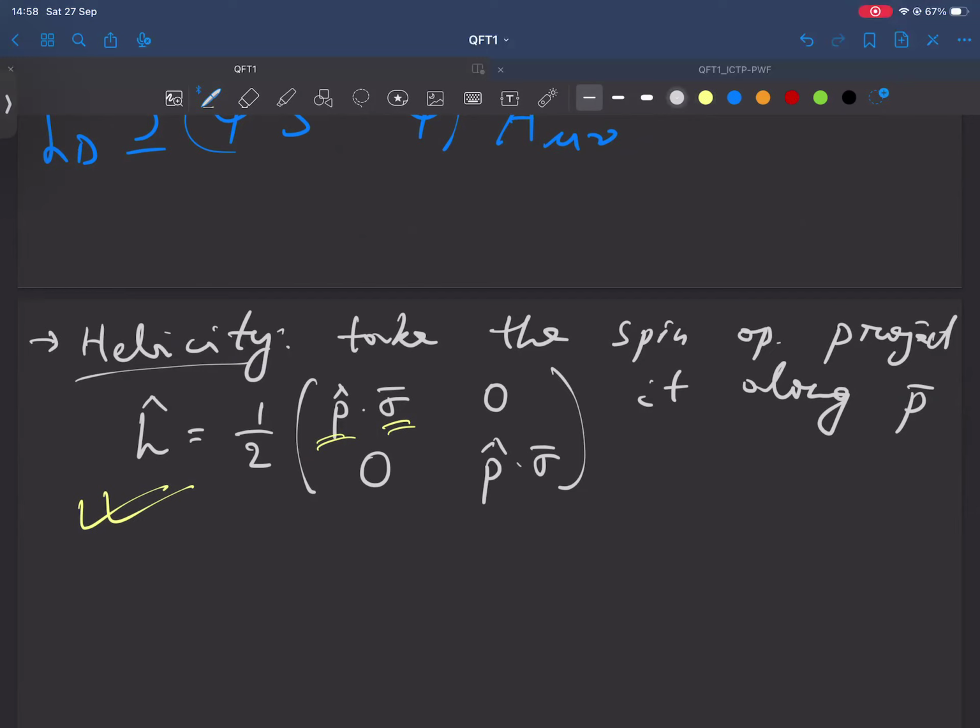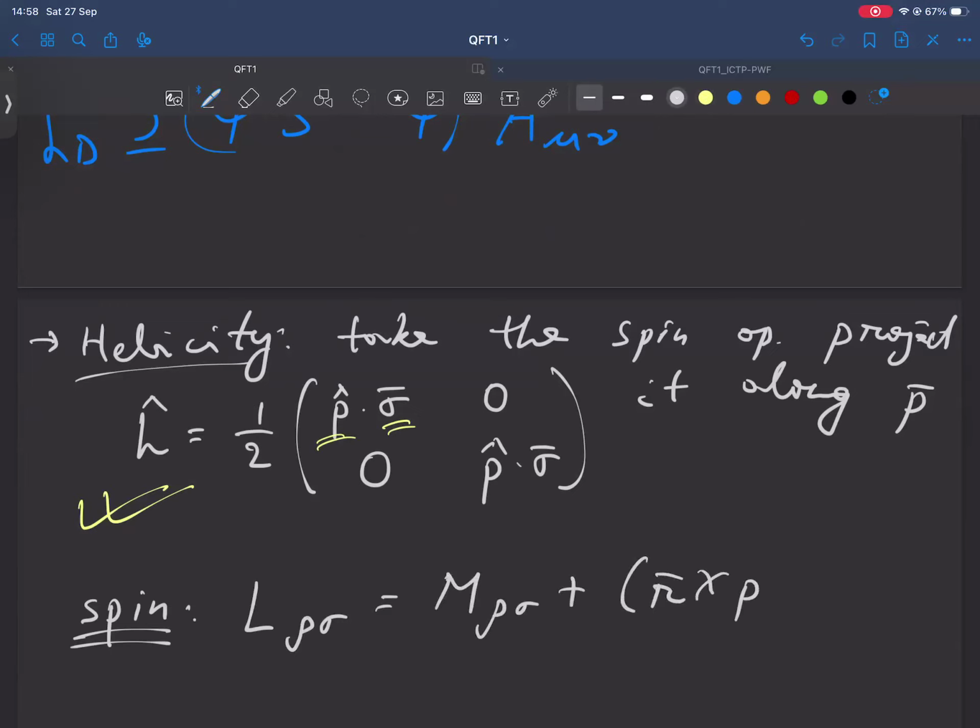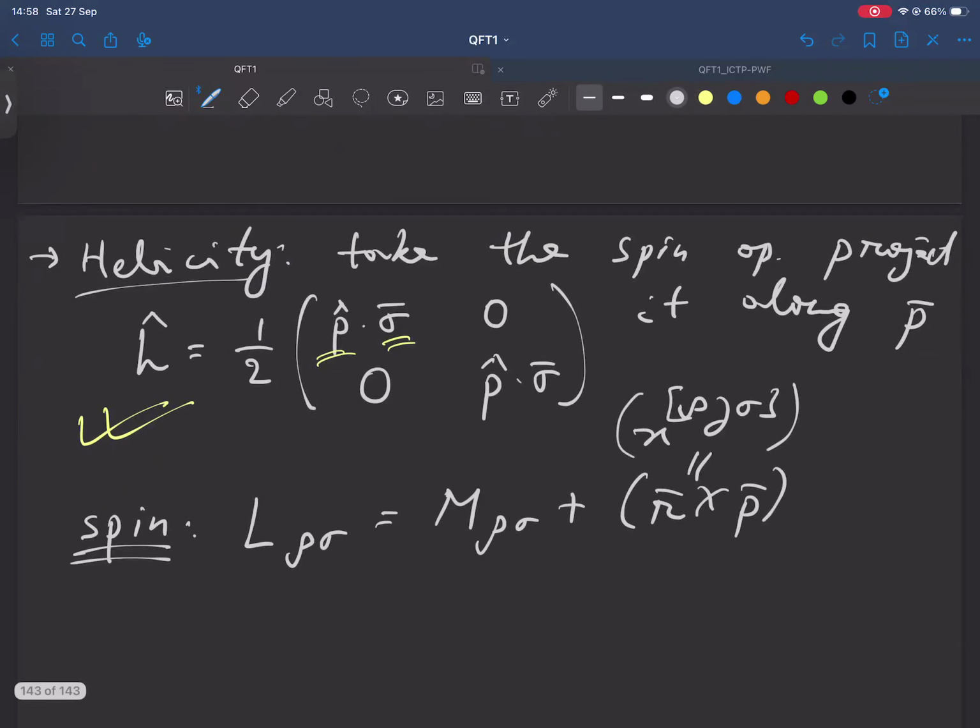And this is an important quantity, because you see that when we defined what is called spin, we had this expression in the classical field theory language, and then there was this r cross p piece, which was like x rho del sigma and anti-symmetrized. So what was the strategy?